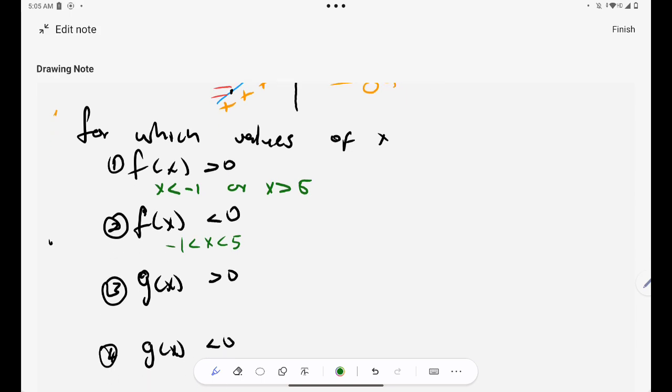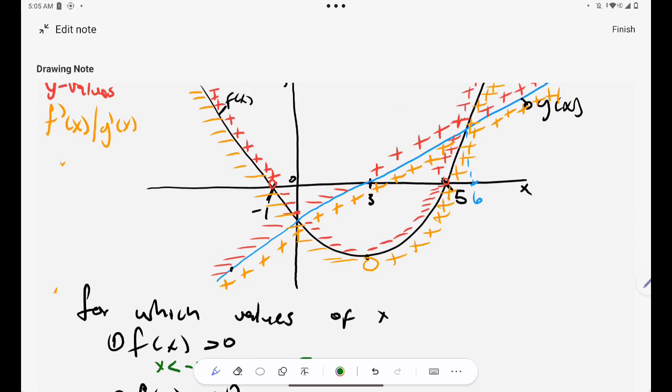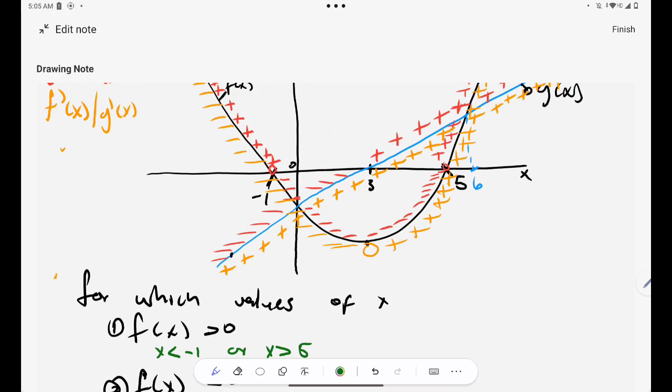Are you together? Then now number 3, for which values of x is g of x greater than 0? G of x is above the x-axis when x is greater than 3. When x is greater than 3, because I can see there my graph is negative, negative, negative, and then here it starts being positive because it's above the x-axis.